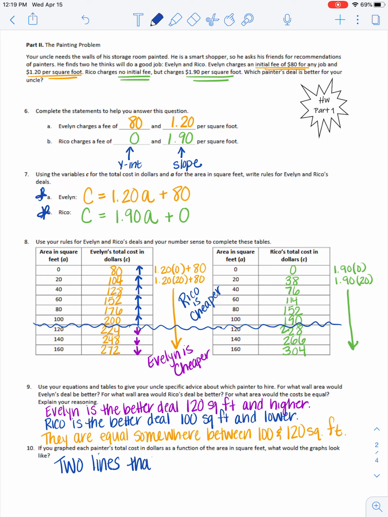So we know that they intersect, so two lines that intersect between x equals 100 and x equals 120. Okay, that is all that we can say based on the table that we have been given. Okay, stay tuned for the second part of the video.